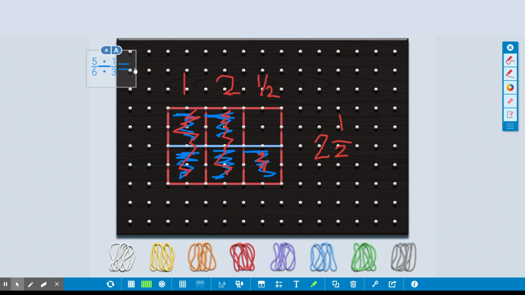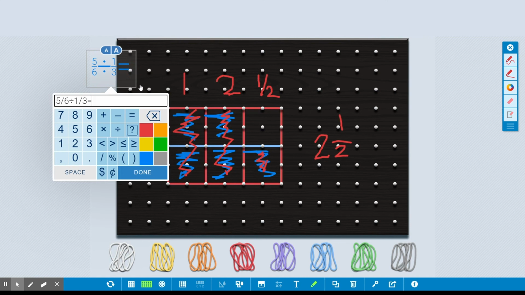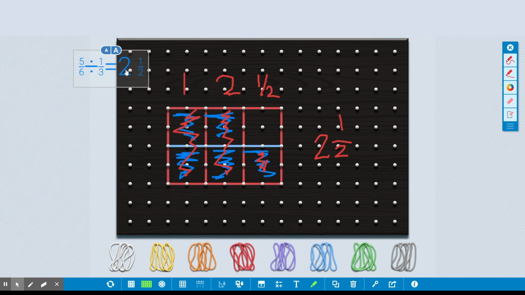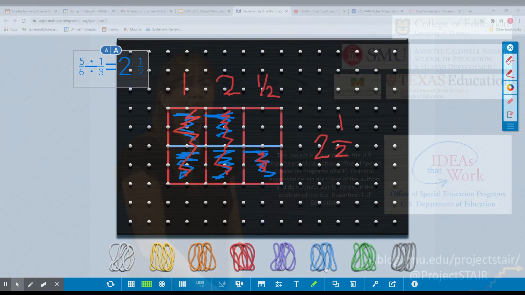So now I can go back up to my problem and I can solve for the answer. 5/6 divided by 1/3 is 2.5. So there are 2.5 1/3 pieces in 5/6.